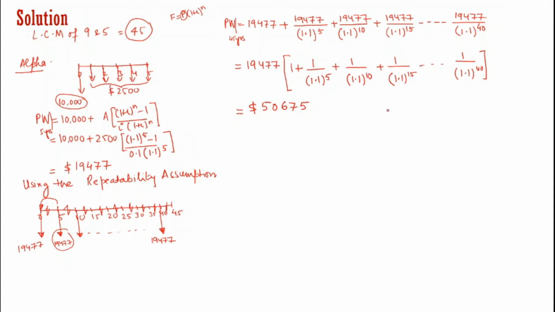So let's see what we have calculated. If I draw the cash flow, 0, 1, 2, 3, 4, 45 years, this P we have calculated. But since we are interested in using the annual worth method, we can just convert this P into annuities.